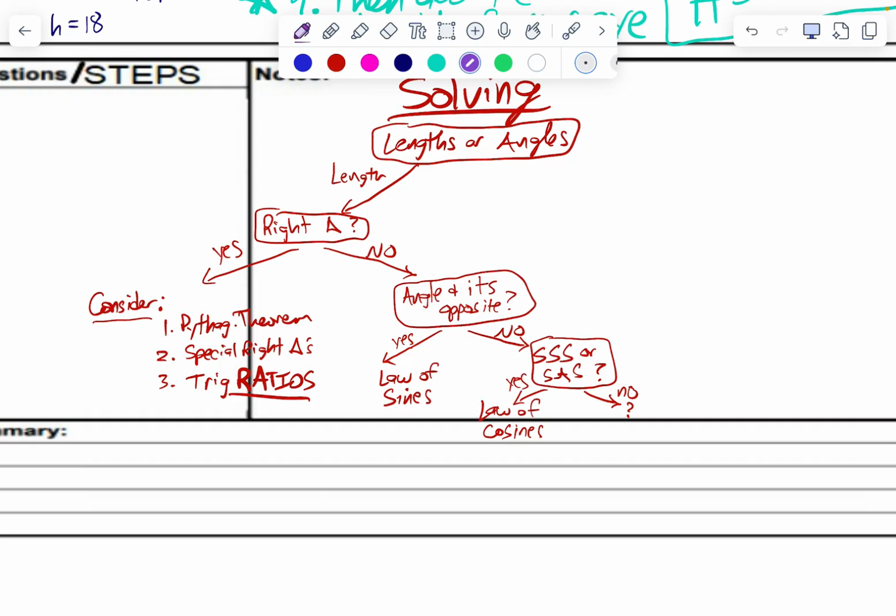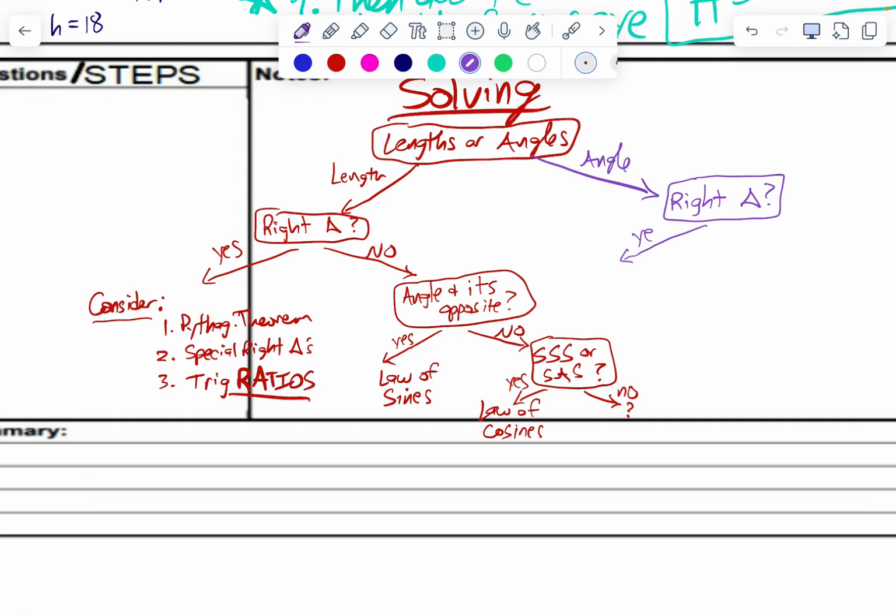Okay, if we are solving for angles, what tools do we have for that? Well, our first question is still, is it a right triangle?